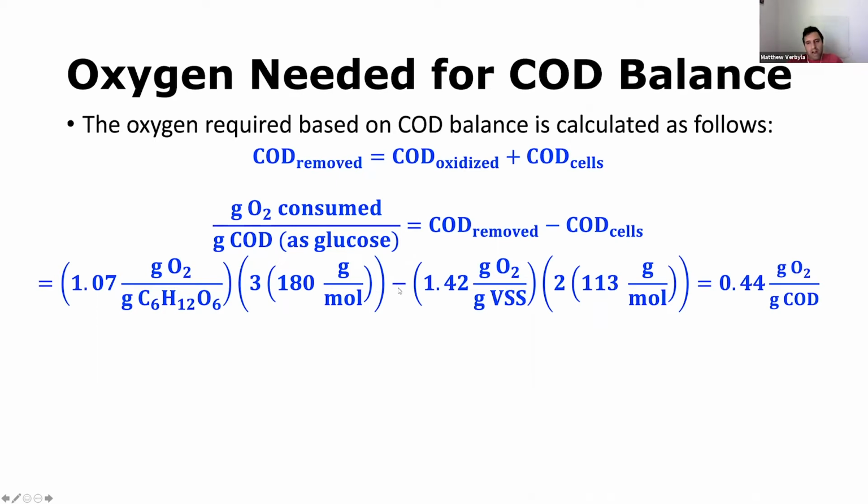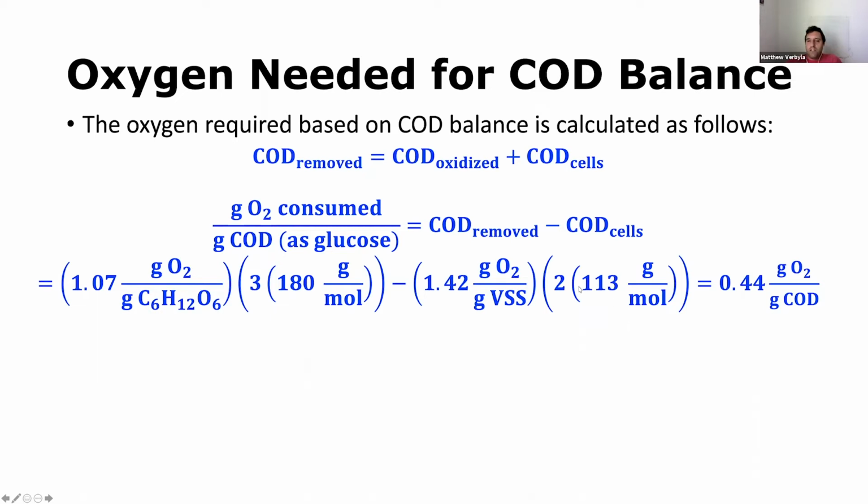From that, we're going to subtract the COD that's tied up and incorporated into the microbial biomass. All right, so remember that 1.42 grams of oxygen that's tied up in every gram of VSS for microbial biomass. So we take that ratio and we multiply it again by this term here, 2 moles of C5H7O2N times 113 grams per mole.